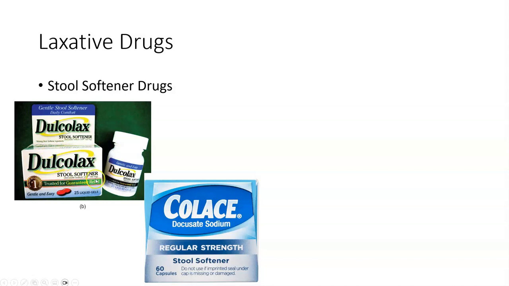So they both have the same brand name, but it's actually different ingredients. So you've really got to be careful about reading those labels. Colace is the more common brand name for docusate. Don't call for these stat, right? Stat means you need it right away. This is going to take about 24 hours before it really starts working. So it's not going to work very quickly.